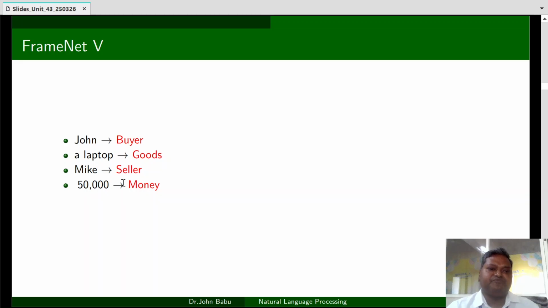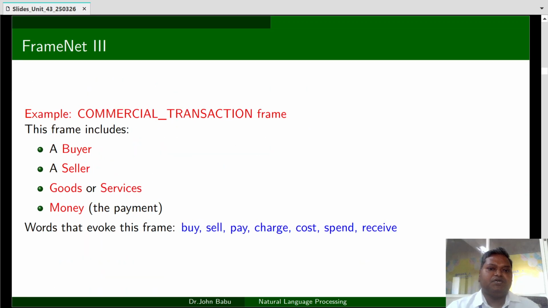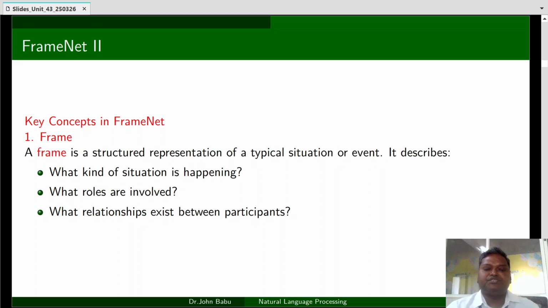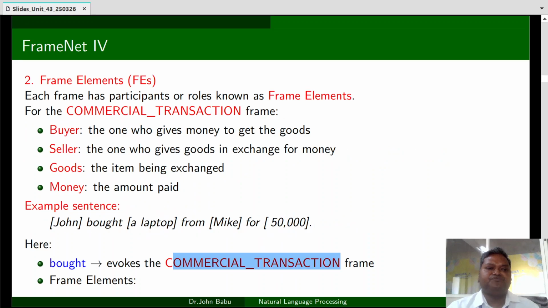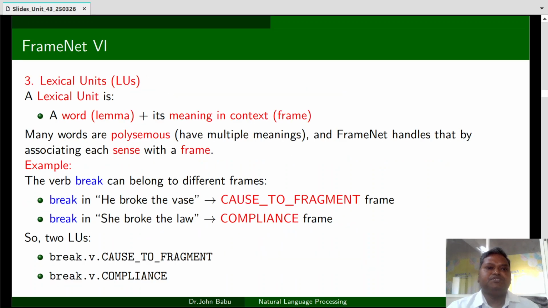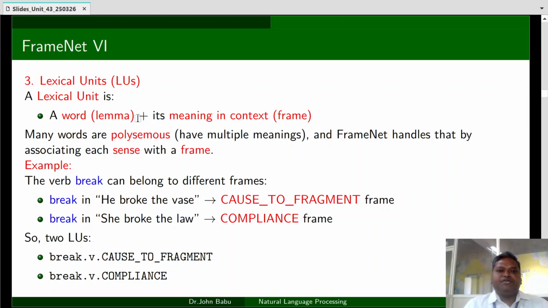What we have seen is, what is the frame? A frame is a structured representation of a typical situation or event. Then, what are the different frame elements? And thirdly, we will understand one more concept before we proceed further, the lexical unit. FrameNet has lexical units. What is a lexical unit? A lexical unit is a word, that is a lemma, and its meaning in context.